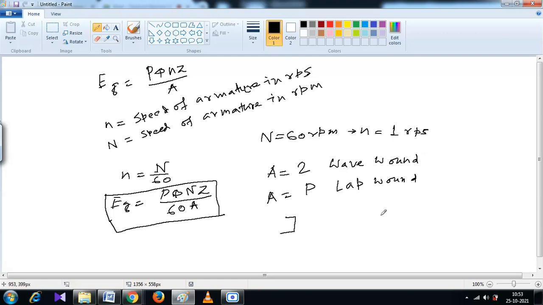Suppose these are two brushes, and the armature is there.